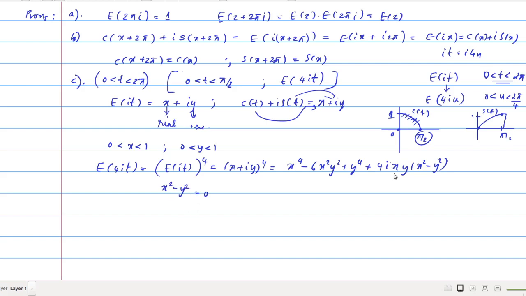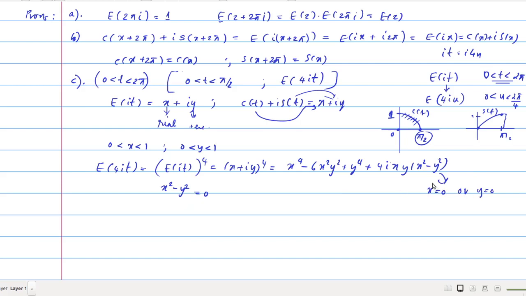Whenever x equal to 0 and y equal to 0, all these quantities are 0, so we can never expect x equal to 0 and y equal to 0. From this you can get 3 possibilities: x equal to 0 or y equal to 0 or x square minus y square is equal to 0.